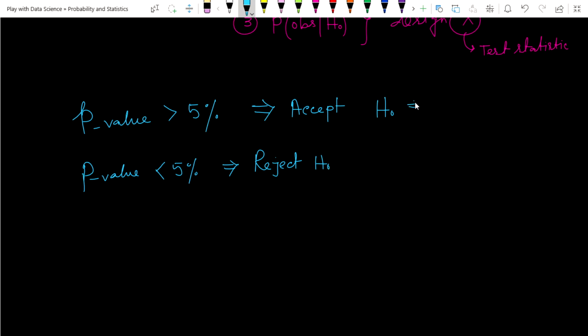Alternatively, if we accept the null hypothesis, we reject the alternative hypothesis, and if we reject the null hypothesis, we accept the alternative hypothesis. That's the thing that we have.